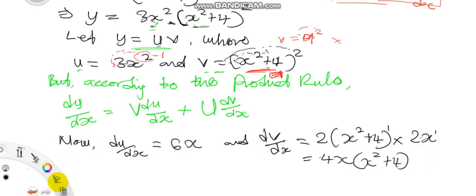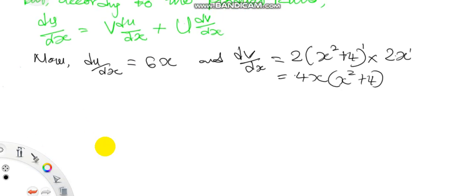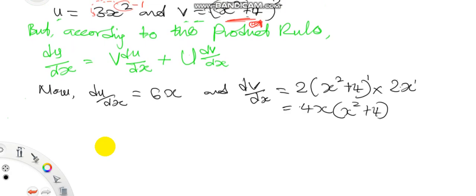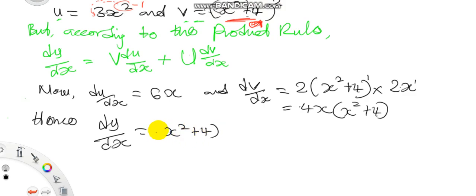Now we can find our derivative. Hence dy/dx is equal to v du/dx. What is v? v is (x squared plus 4) all raised to the power 2, multiplied by the derivative of u with respect to x, where du/dx is 6x here.